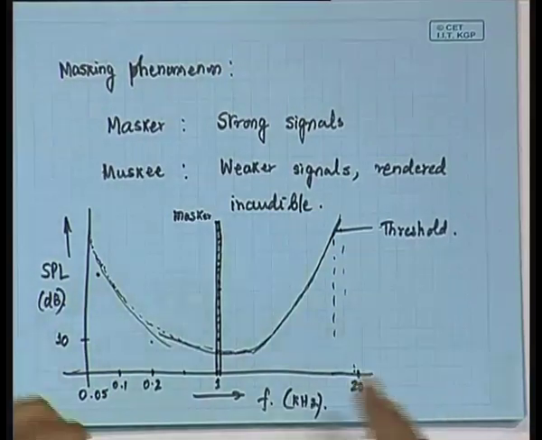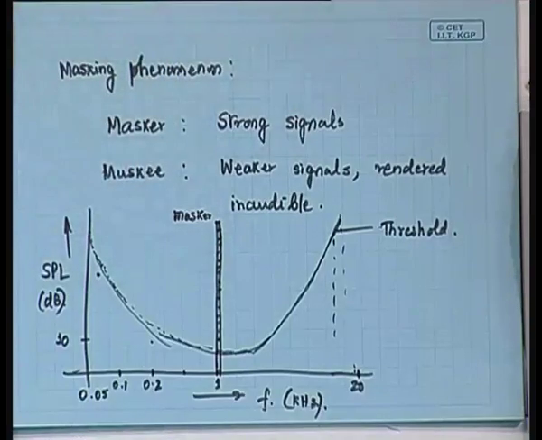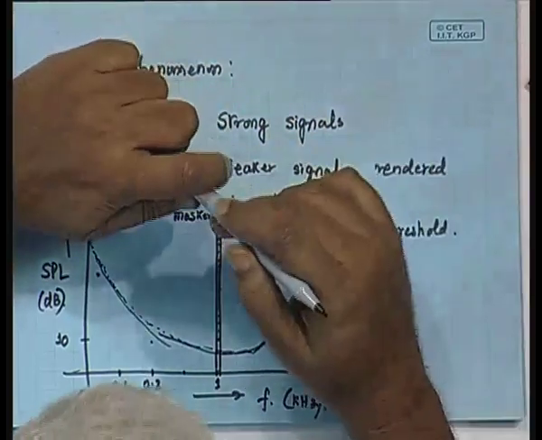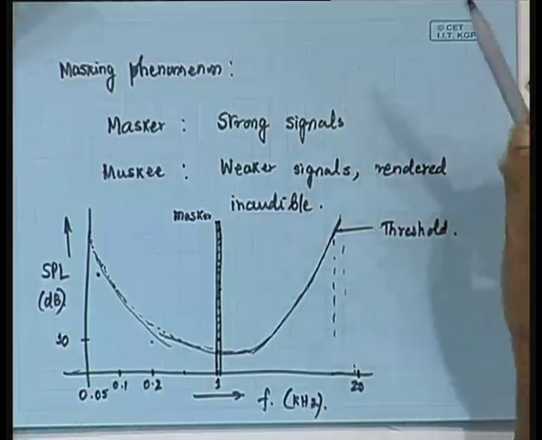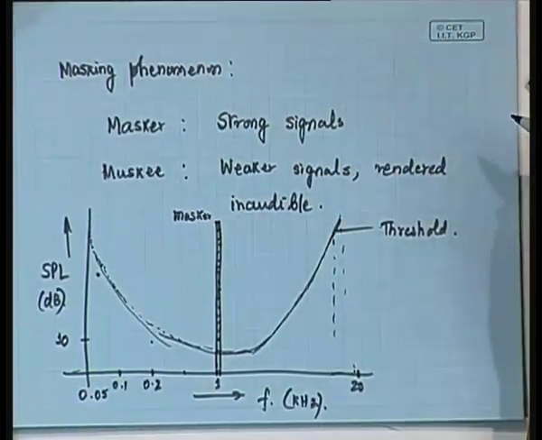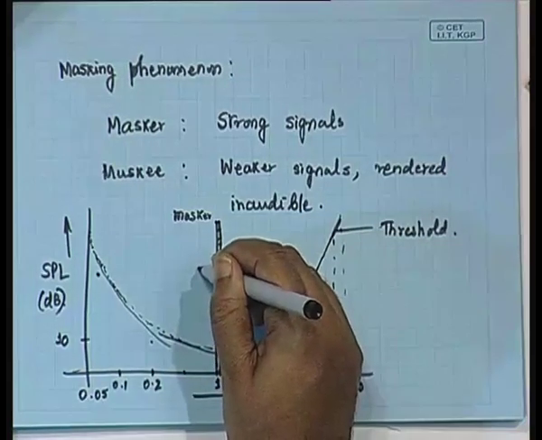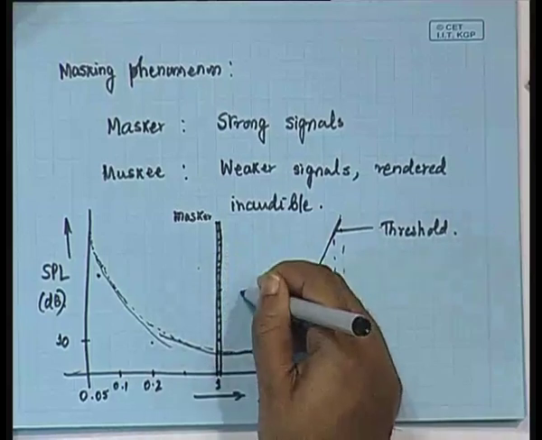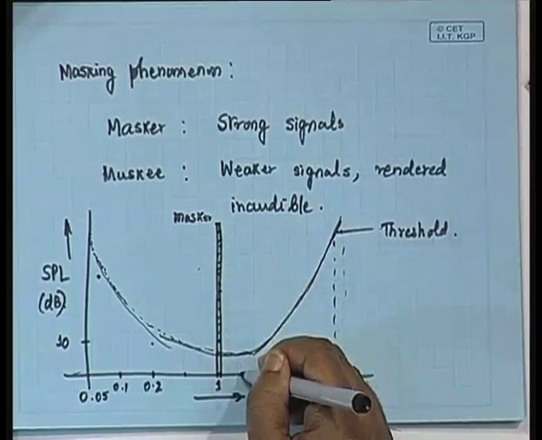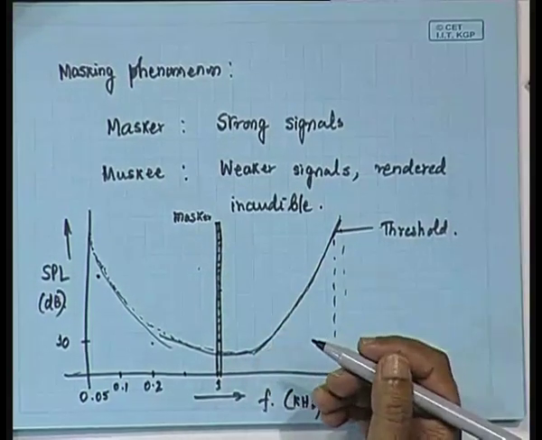Because of this masker, we will find that in the vicinity of this, the other sound signals will be masked off. Without the effect of masking, there is no difficulty if another sound source is present at this frequency and another at this frequency; they are supposed to be audible.